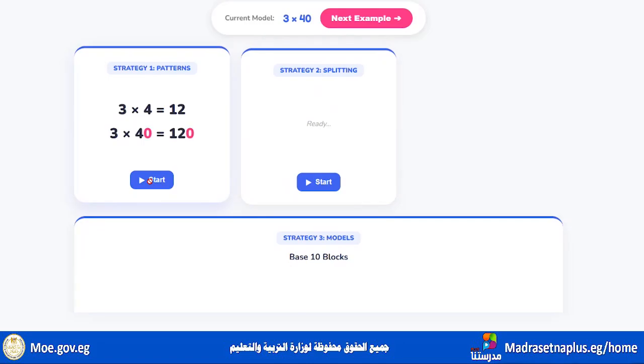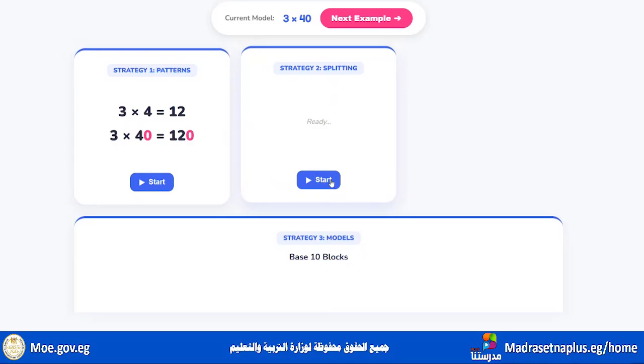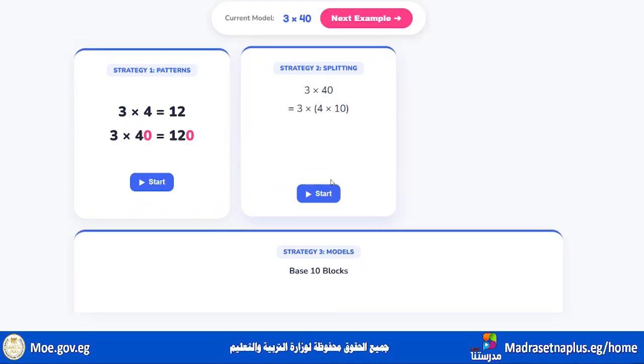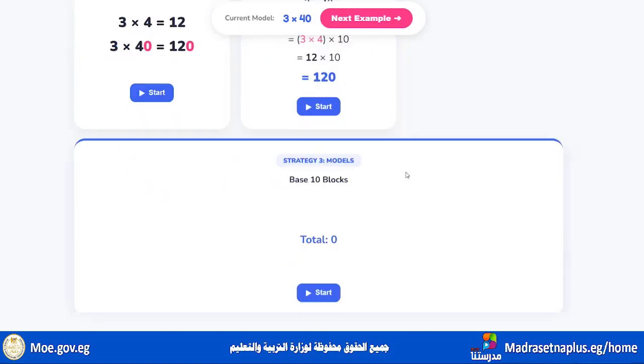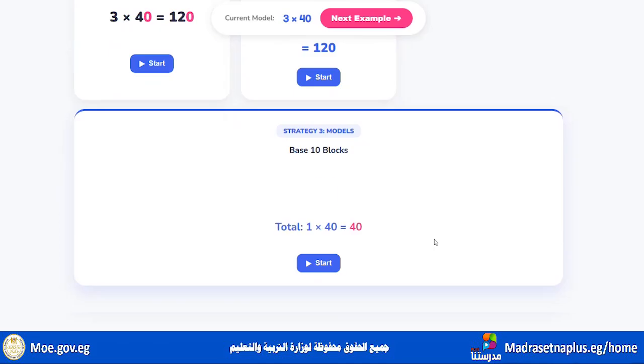What about splitting? Great. What about blocks? We have 3 40s: 40 and 40 and 40. The sum equals 120.